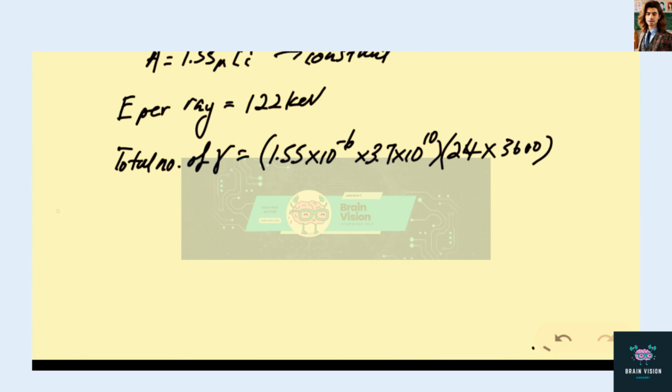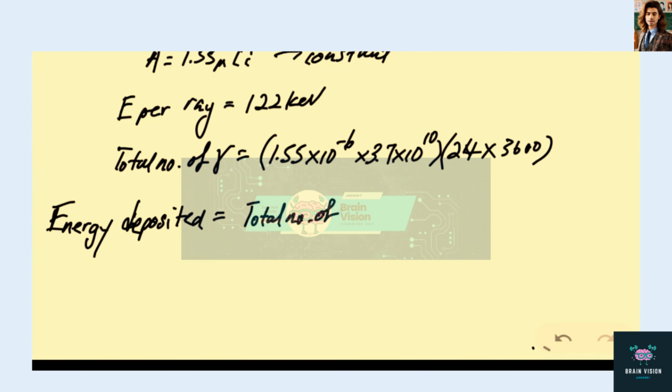Now the total energy deposited, we take the total number of gammas multiplied by 122 keV divided by 2, since we are given that only 50% of the energy is deposited into the body.